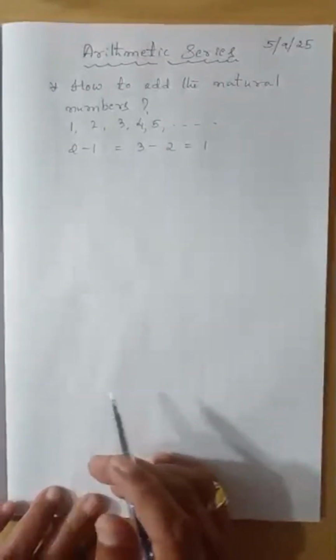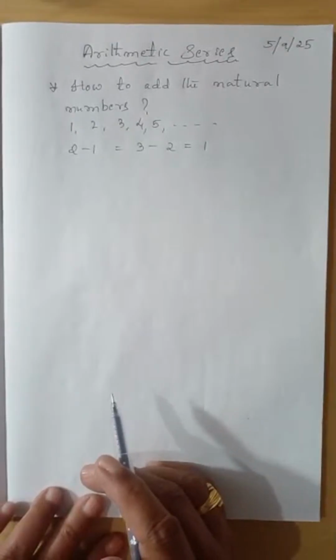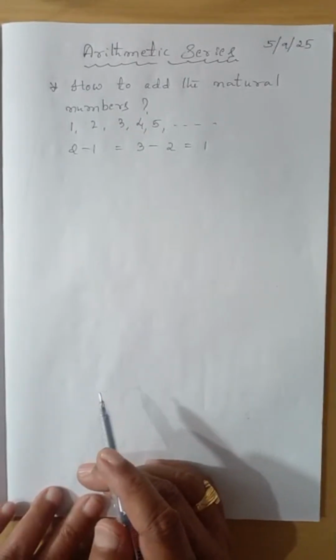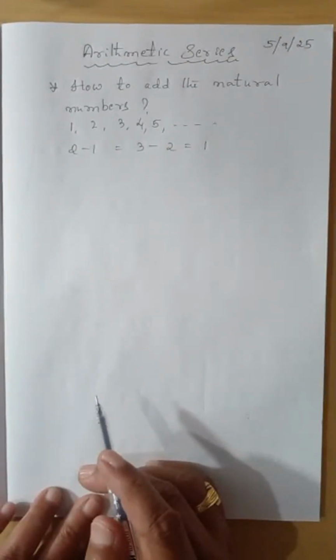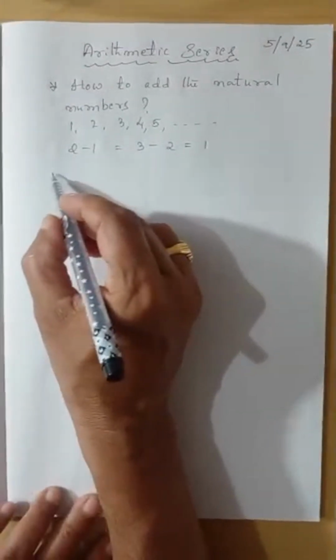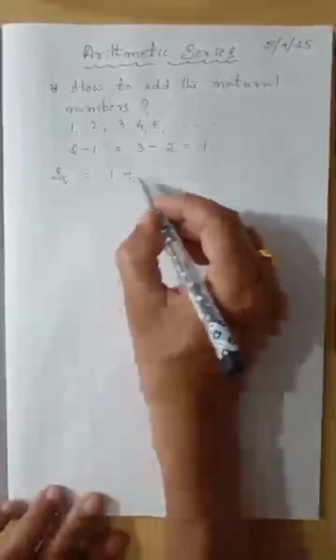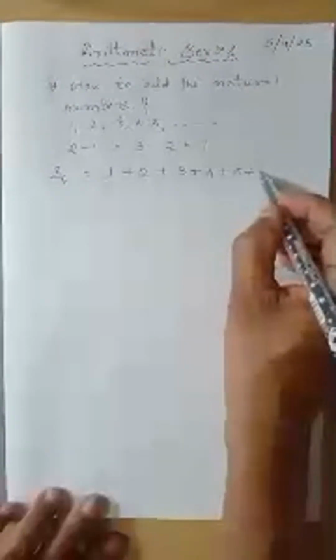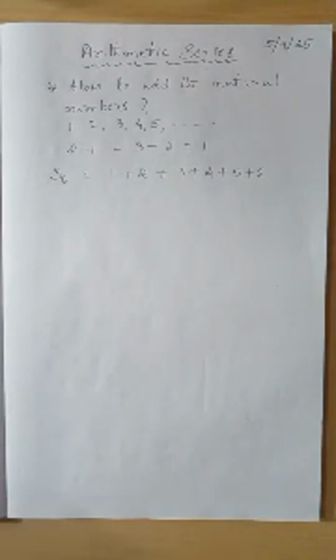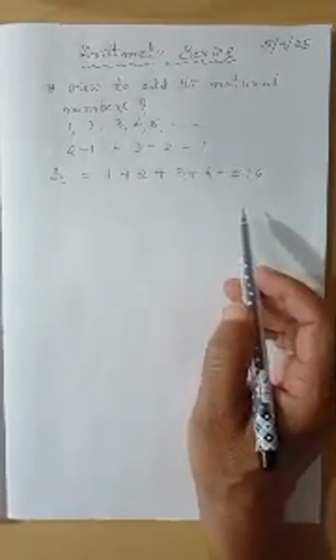For these natural numbers, you have to develop a relationship. Derivation is very important. Observe carefully. I am going to take the sum of 6 terms. The sum of the 6 natural numbers means S6 = 1 + 2 + 3 + 4 + 5 + 6.